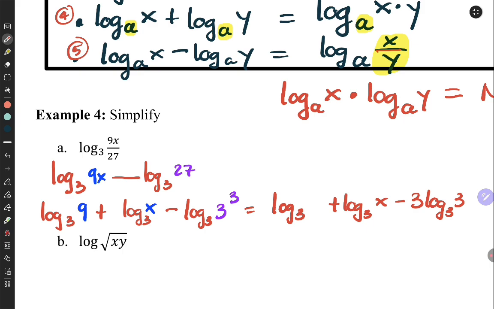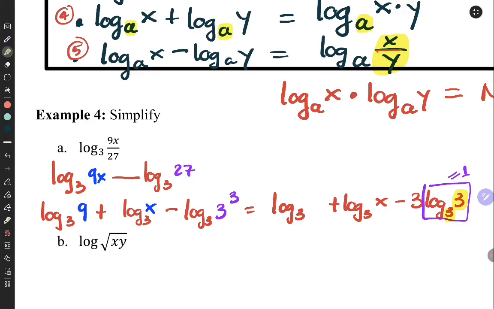Drop it right here. And that's log base 3 of 3. That one is 1, because the base and the number are the same. Base a of a, base 3 of 3, base 4 of 4, base 5 of 5, base 10 of 10 equals 1. Okay. But how about this?